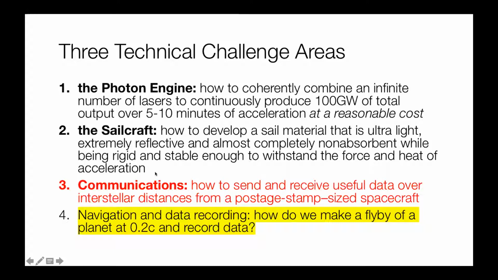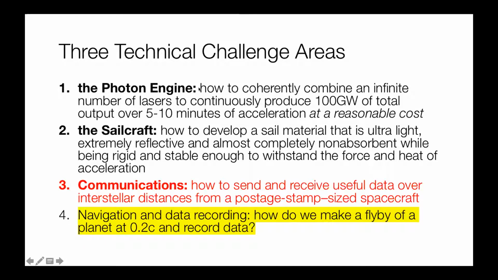So the project identified 3 main challenge areas to do this. The first one is building this giant laser. This is called the photon engine because it's the engine that drives the starship.